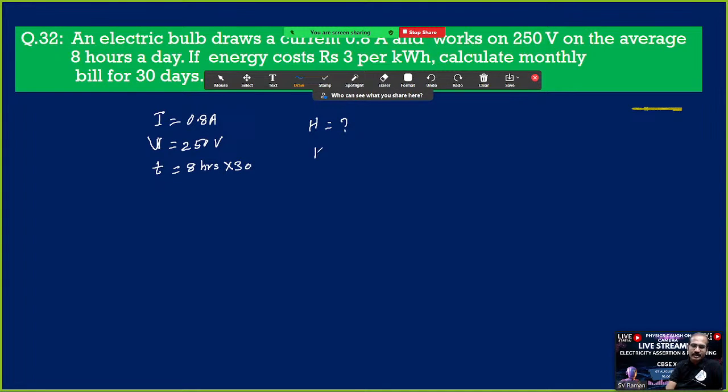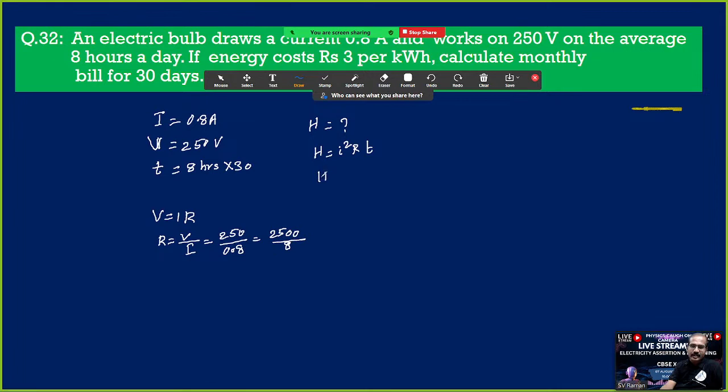As per the formula, H is equal to I square R into T. Now R value we don't know. I value and V value we know. We can calculate the R value using Ohm's law, V is equal to I into R, so R is equal to V by I. V value 250, I value 0.8, which is 2500 by 8, is the resistance.